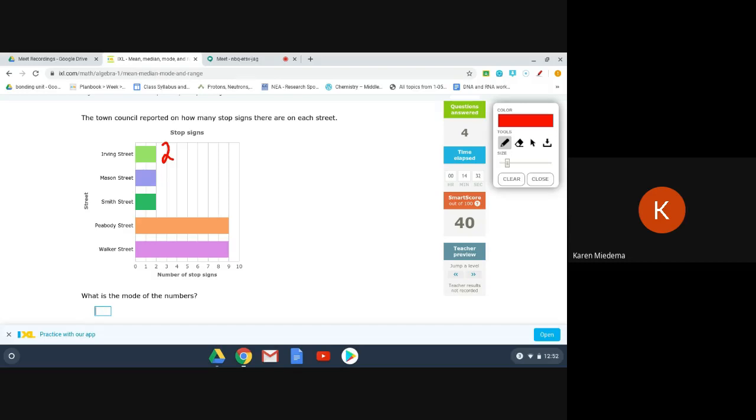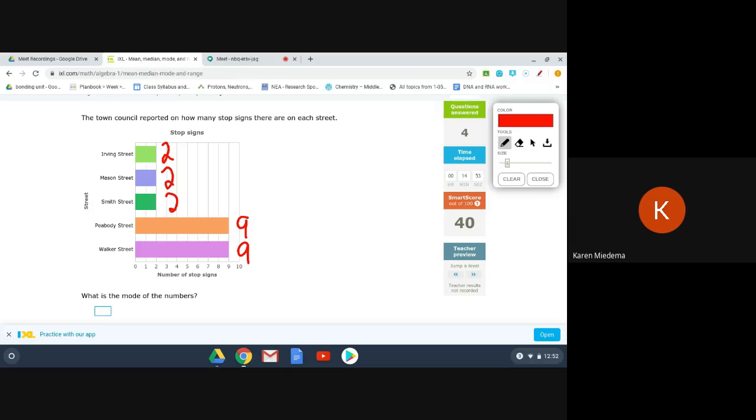Mason Street had 2 stop signs. Smith Street, 2 stop signs. Peabody Street had 9 stop signs. And Walker Street had 9 stop signs.